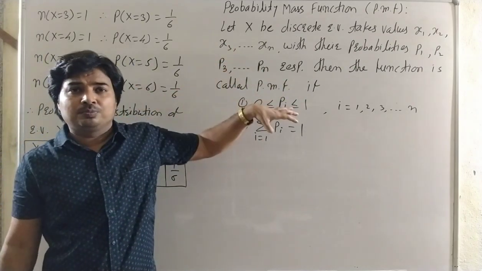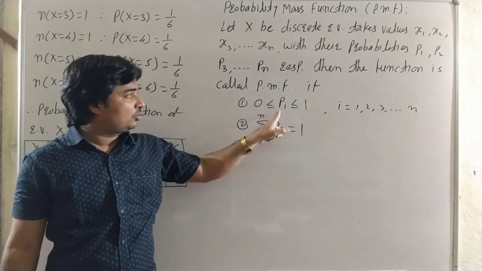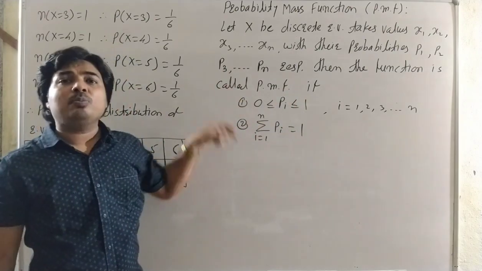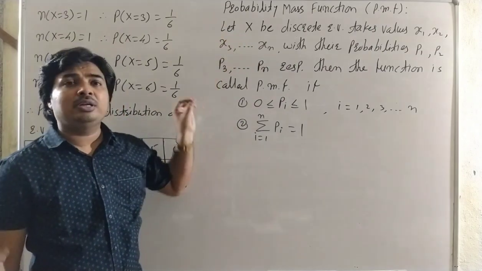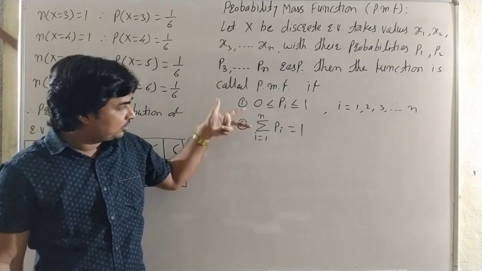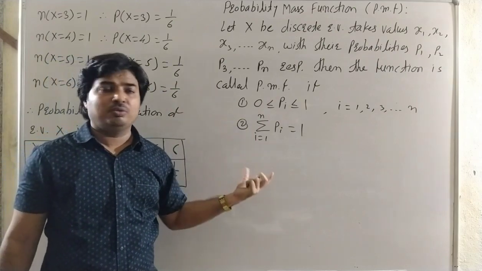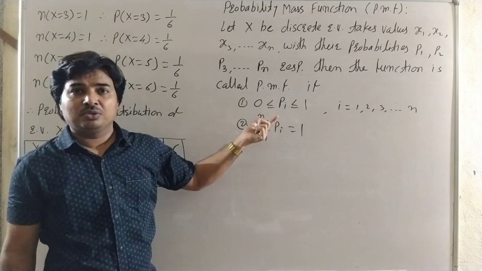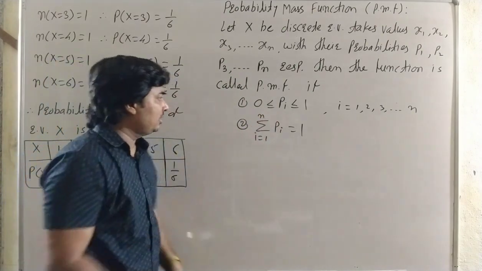Probability is non-negative: 0 less than or equal to probability less than or equal to 1, and the sum of all probabilities is equal to 1. It is called the probability mass function. See carefully this. It is a probability distribution, and it is a probability mass function.